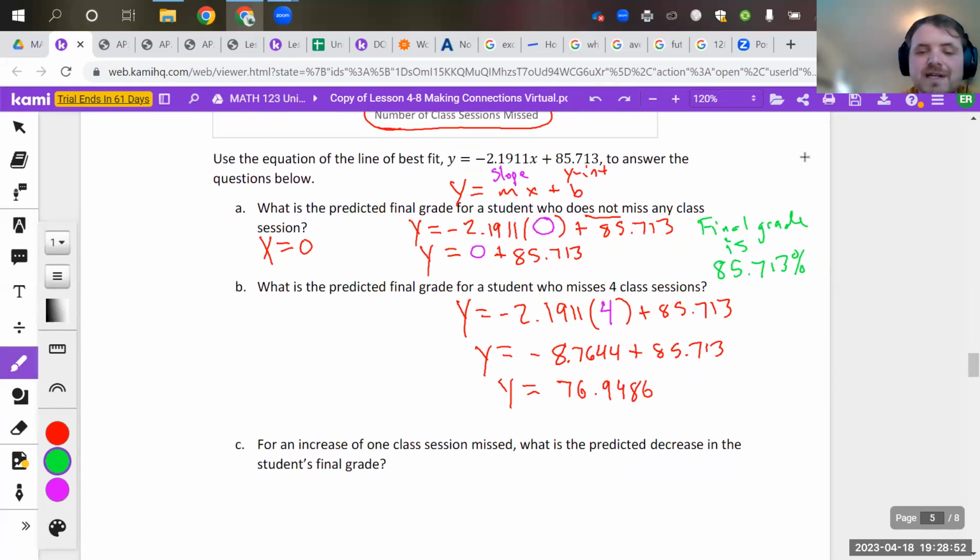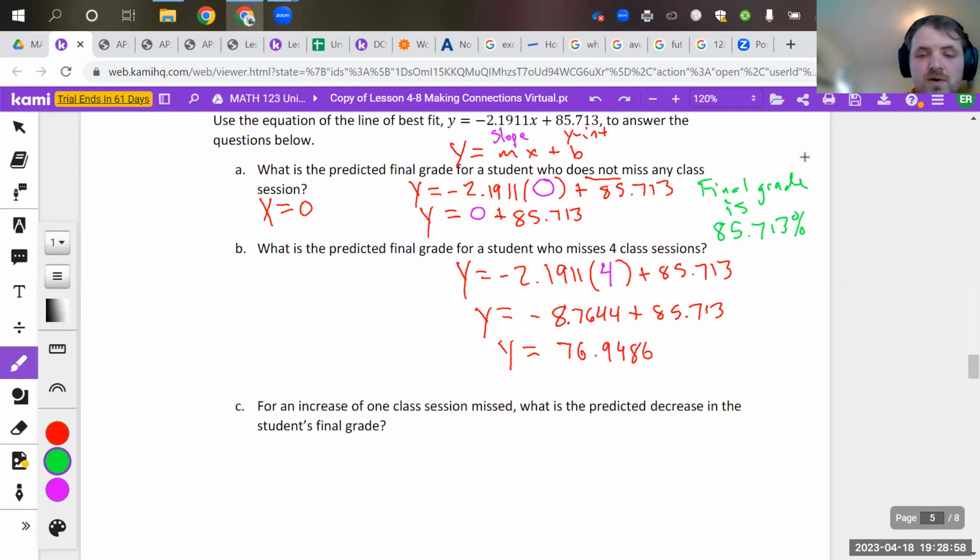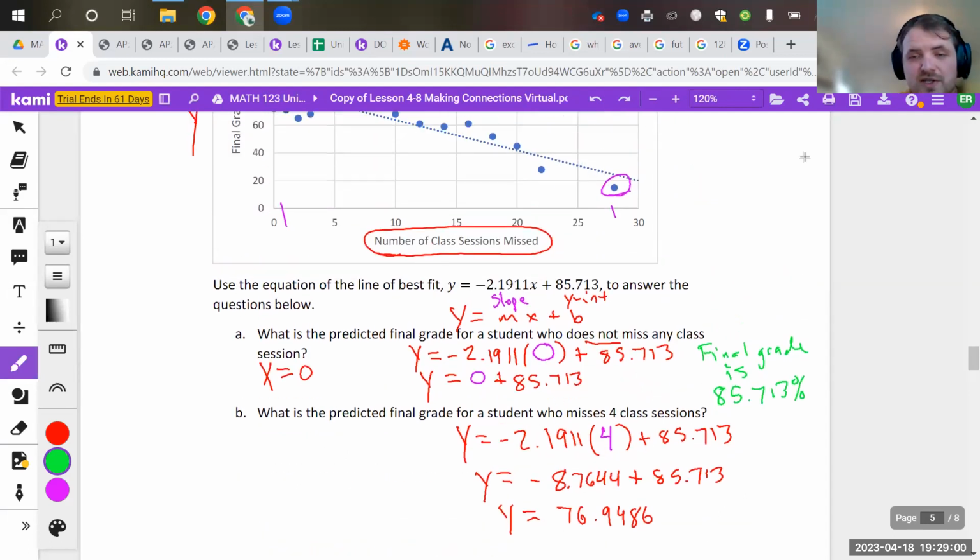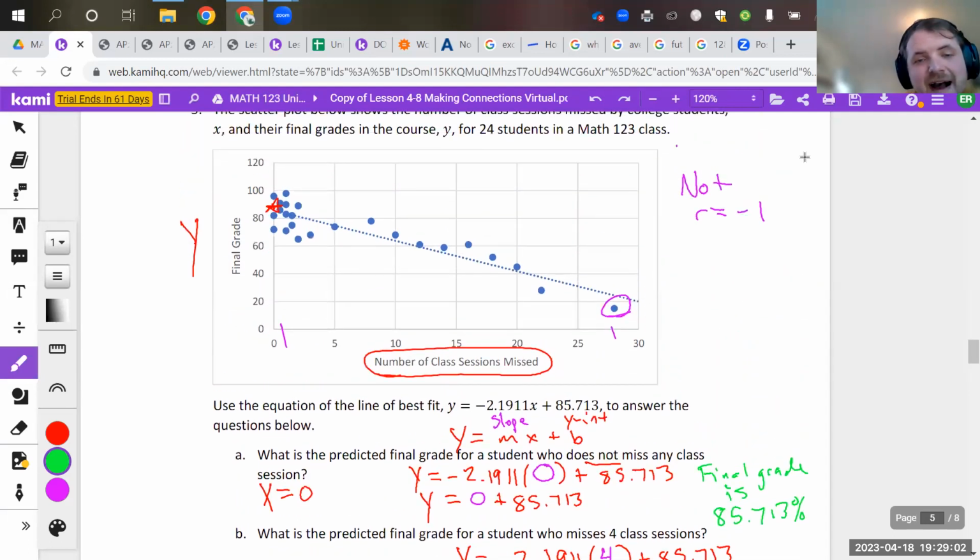So it says, for an increase in 1 class section missed, what is the predicted decrease in the student's final grade? So you could look at the graph. It goes by 5, so it's kind of hard to see. Like from 0 to 5, it was at 85, and then it was down to maybe, I don't know, 74. So that's not a great way to do it.